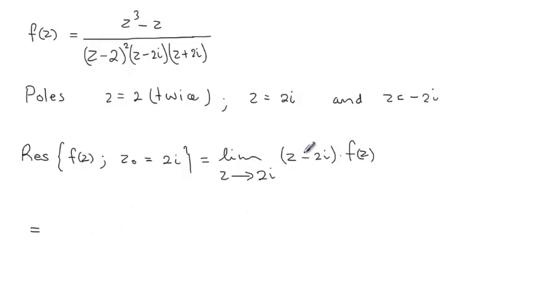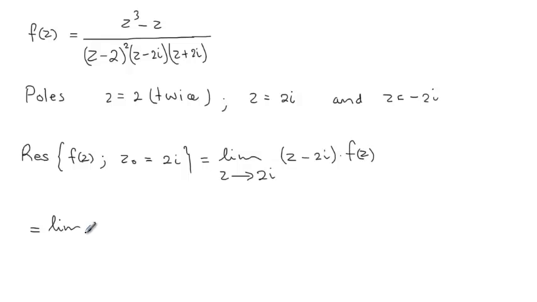We recall that if we multiply this expression by this z + 2i, we'll have this factor in the numerator, with this one simplifying to 1, and we're left with (z³ − z)/(z − 2)² multiplied by (z + 2i).